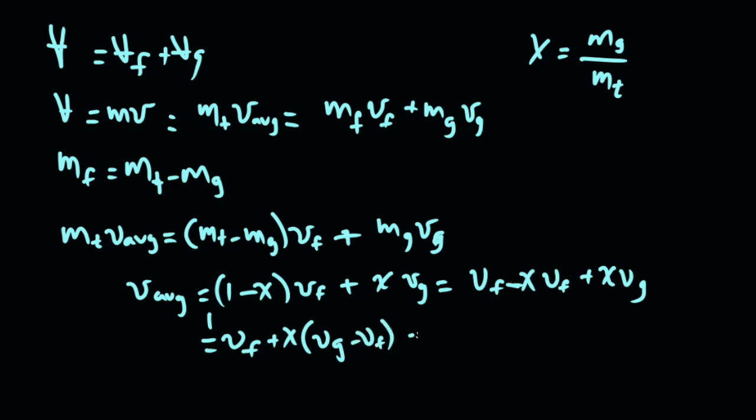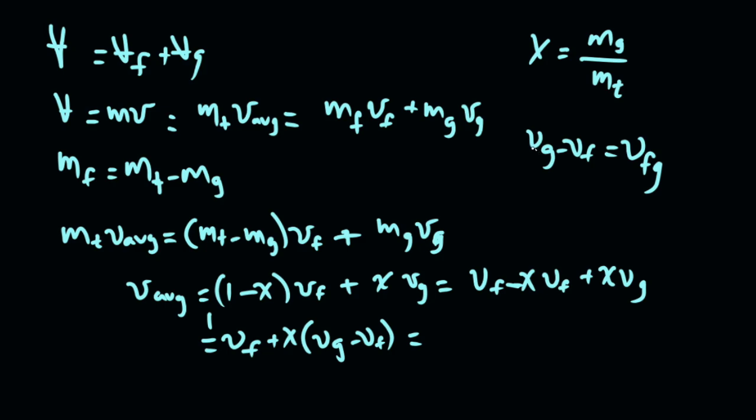And what is that equal to? We're going to make a definition. V sub g minus V sub f is the difference between the specific volume of the vapor and the specific volume of the liquid. We're going to call it V sub fg. It's a term we're going to use a lot. Fg represents any property with subscript g minus the same property with subscript f.